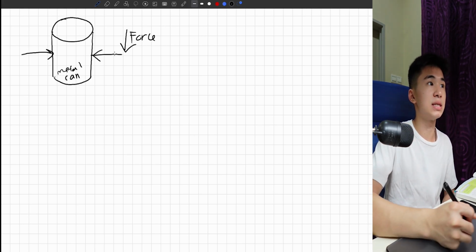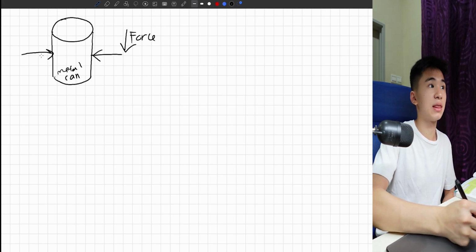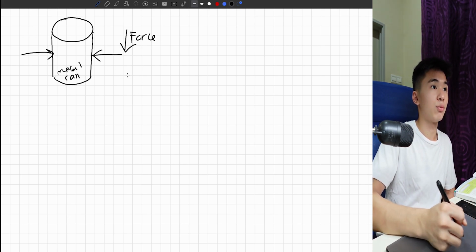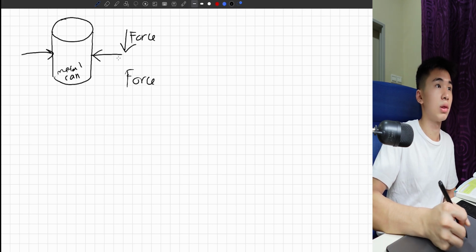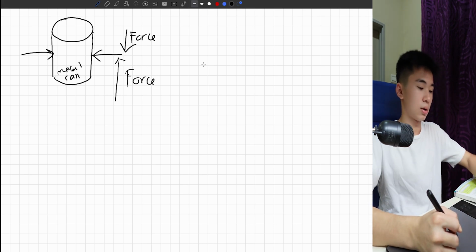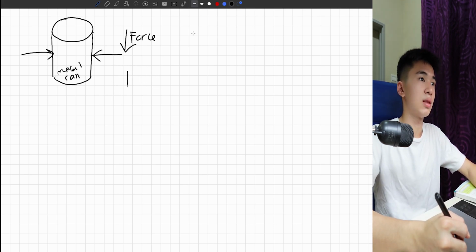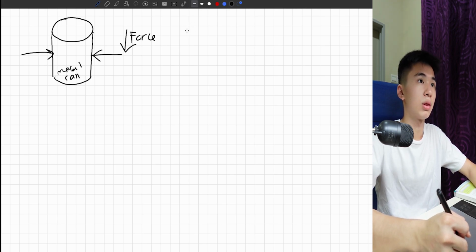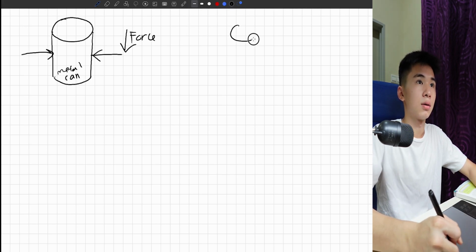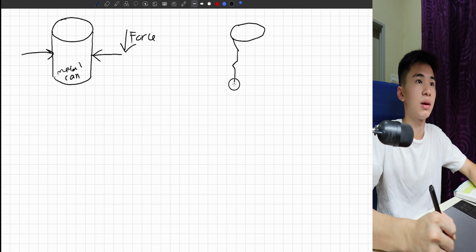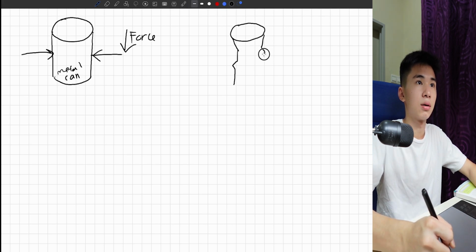But what happens if we compress this can with a greater force, okay? With a greater force. So if we compress this can with a greater force, this can will be dented, right? Dented can. Okay, so it will be something like this.